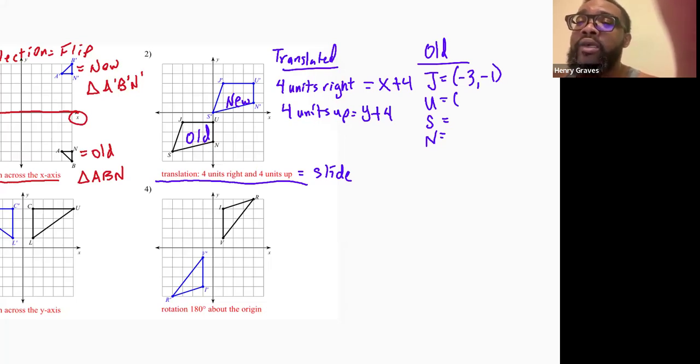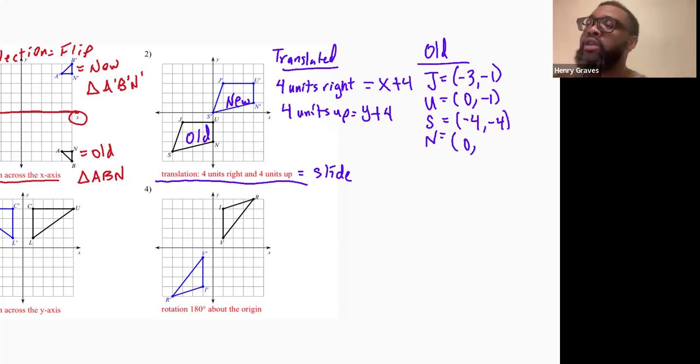S is -4, -4, I believe. Yeah, -1, 2, 3, 4. And N was 0, 4 as well. Now, because the X number is going to have to be 4, I'm going to be adding 4 to all the X numbers. So I'm going to have new coordinates for J, for U, for S, and for N.